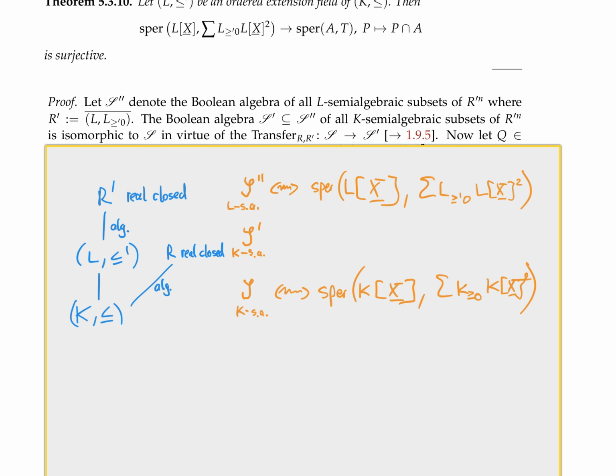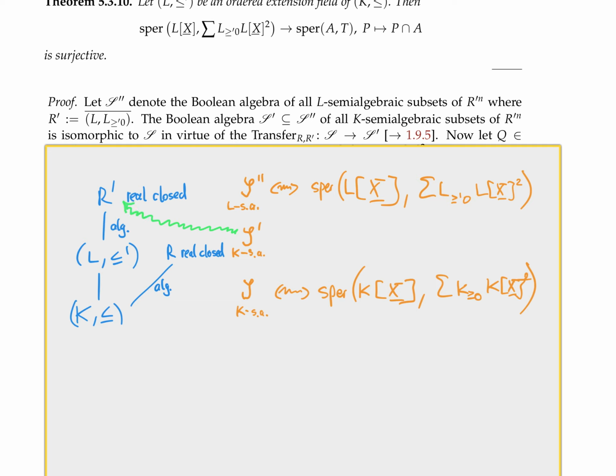So we have this transfer, and in virtue of this transfer, because this is an isomorphism of Boolean algebras, the Boolean algebra S prime, right, is isomorphic to S, right? So here I have, you know, S prime was K semi-algebraic subsets of R prime to the n.